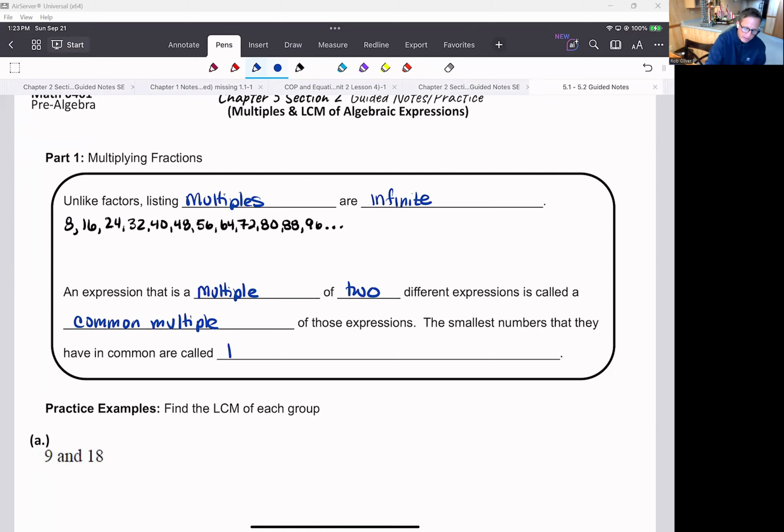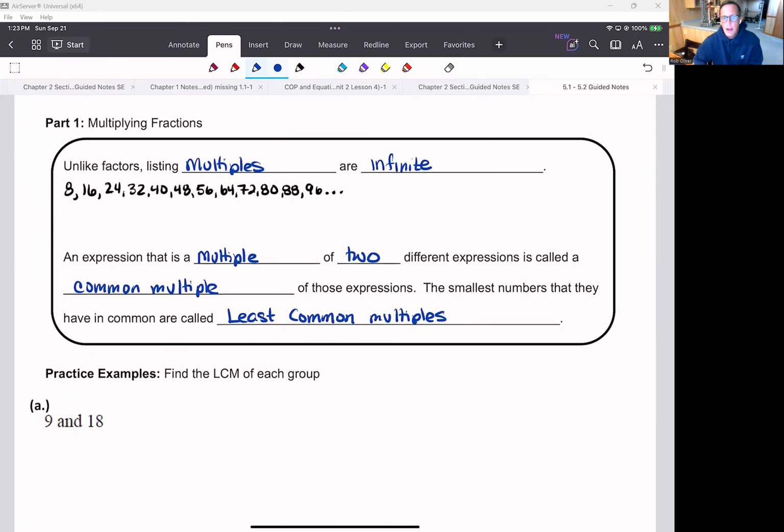Those are called least common multiples. I find that a lot of times most people have an easy time figuring out what common multiples are. Sometimes the tricky part is making sure we found the least common multiple, the LCM. And if they apply to fractions, we call it LCD, least common denominators.